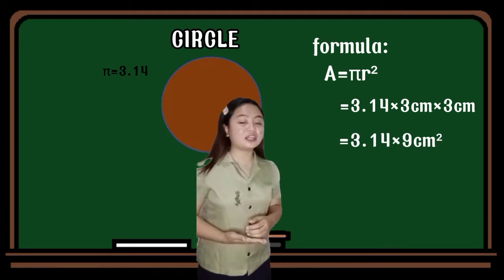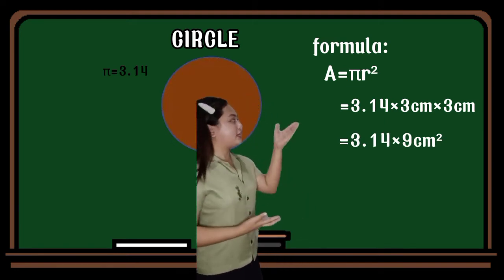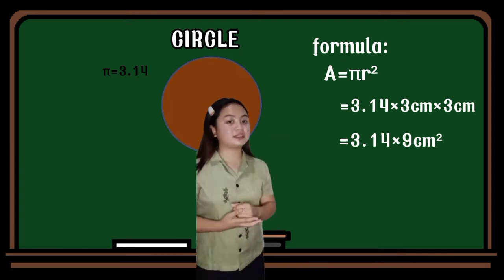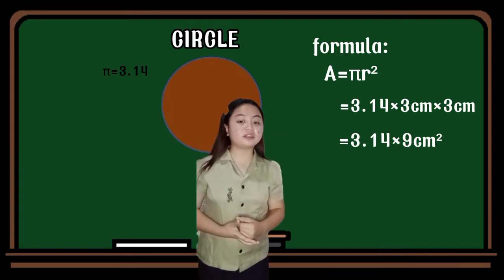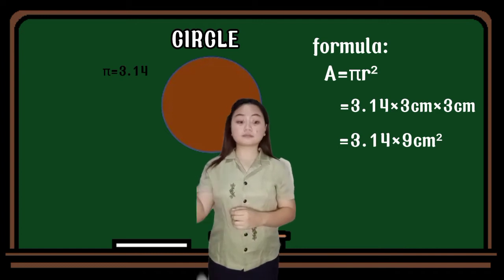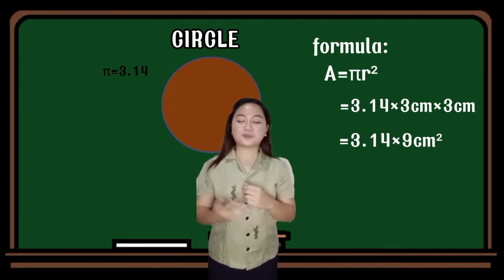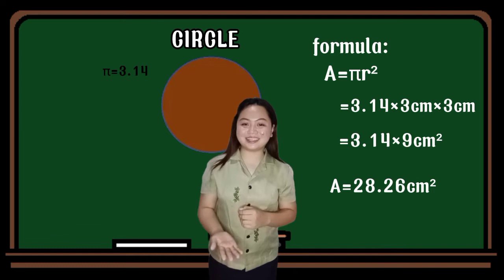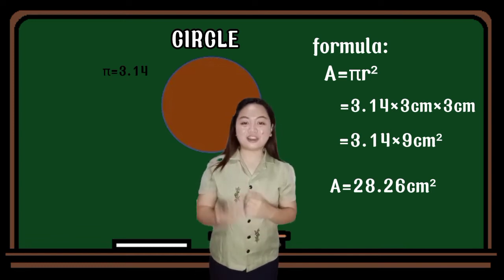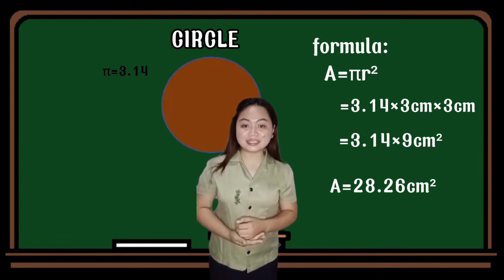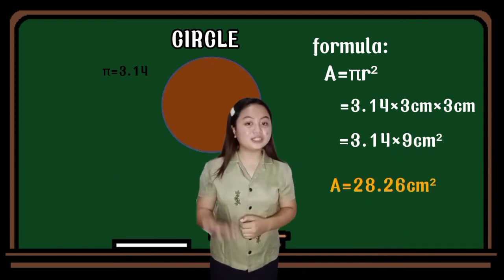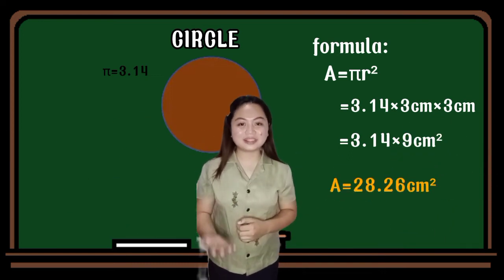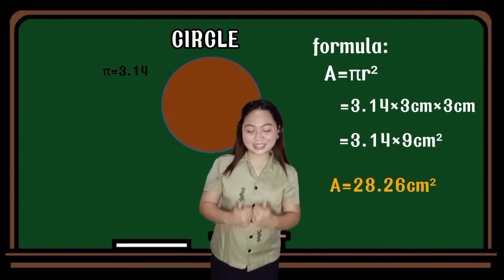And after that, you can multiply 3.14 times 9 square centimeters. So that will be the answer, 28.26 square centimeters. Therefore, the area is 28.26 square centimeters. Did you get it, class?